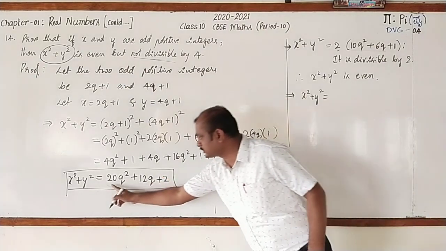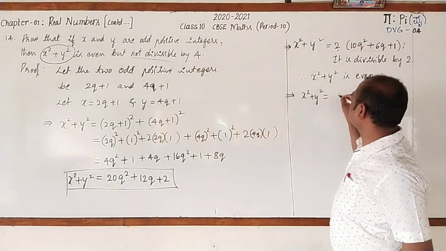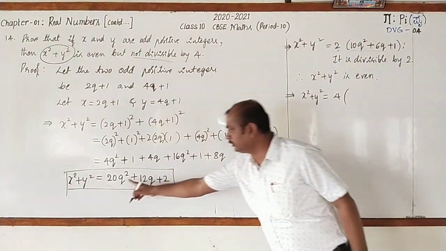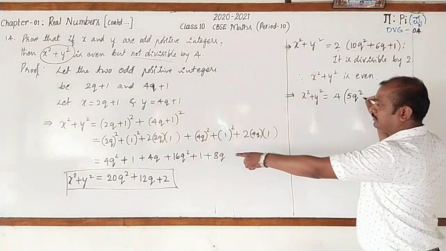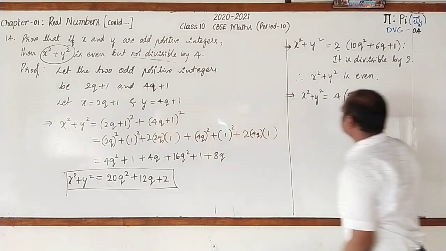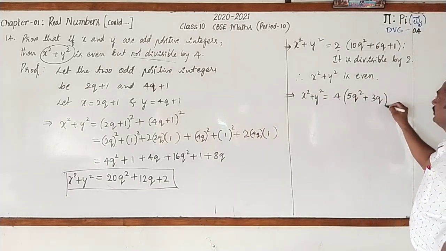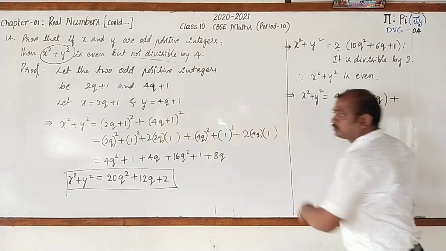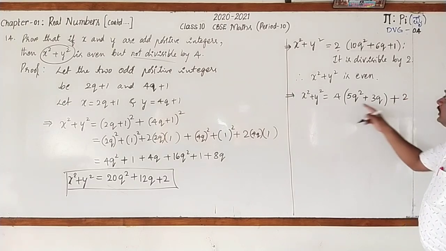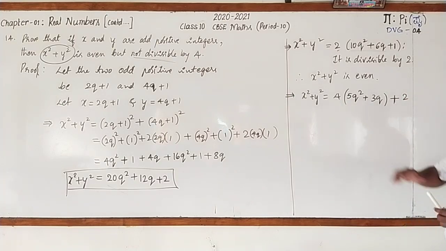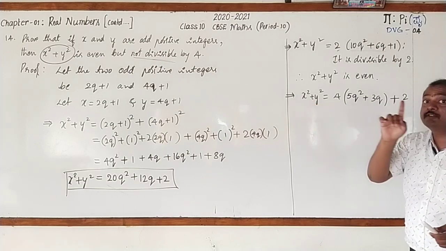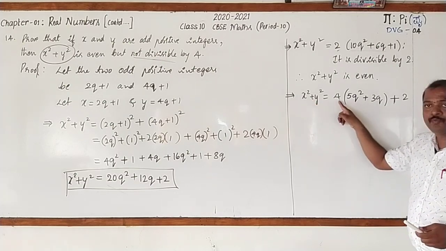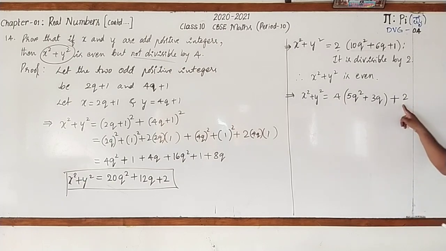Anyhow, in the first two terms, we can take 4 as common factor: 4 into 5q square plus 3q, but 2 should be written separately, plus 2. Then what is the meaning of this? The meaning is x square plus y square is divisible by 4, leaving the remainder 2.